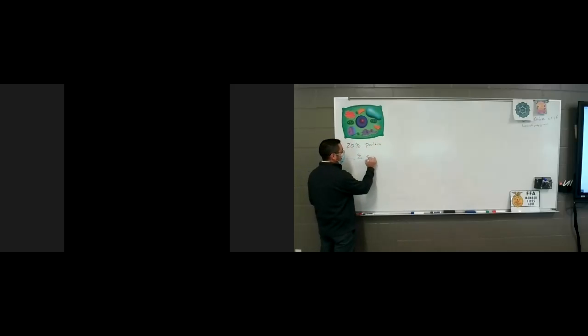What is the difference between the finisher diet and the starter diet? 20% protein instead of 23. So it's going to change things a little bit. And we're using blank percent corn, blank percent soybean meal, and 8% vitamin and mineral mix.